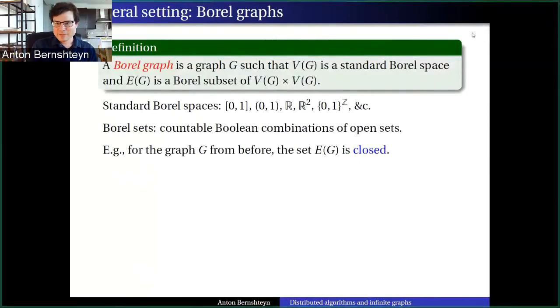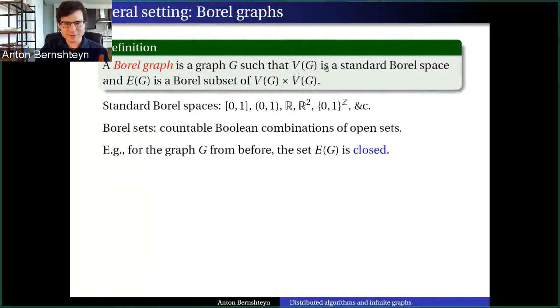And for this, I need to describe to you what sort of infinite graphs we look at. The most standard type of graphs to look at is what is called a Borel graph. I will not define all of the terminology that's involved. But essentially, here's what it says. For a graph G to be Borel, there are two conditions that have to be satisfied. First, the vertex set of G has to be what is called a standard Borel space.